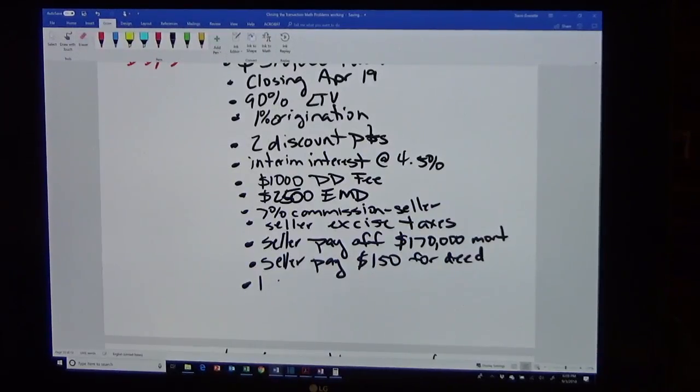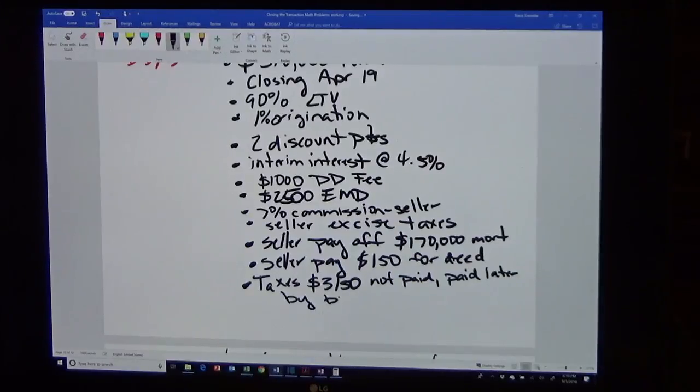It is not happy right now. So taxes are $3,150 for the year. Not paid. Paid later by the buyer. Okay?